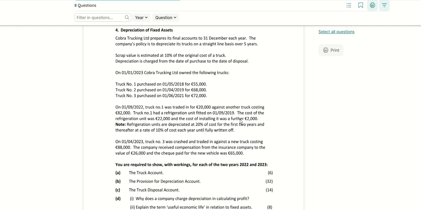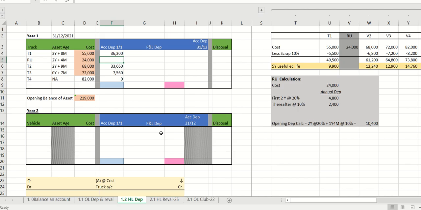There is no mention of scrap here whatsoever, so we're not going to apply the scrap value at the top of the question to this because it's a different calculation entirely. So we're going to do exactly as they said. We're going to do 20% of cost for the first 2 years and 10% thereafter.